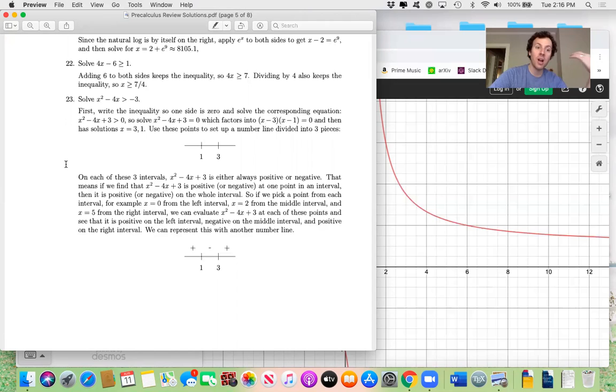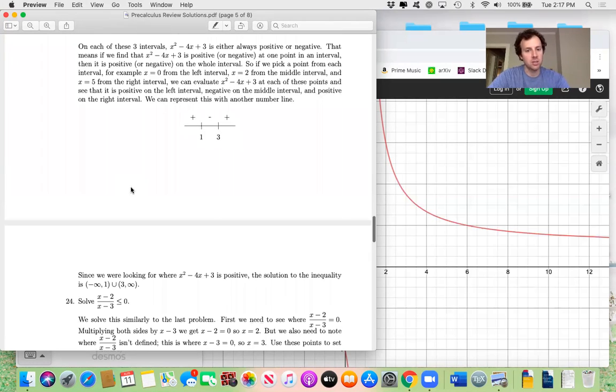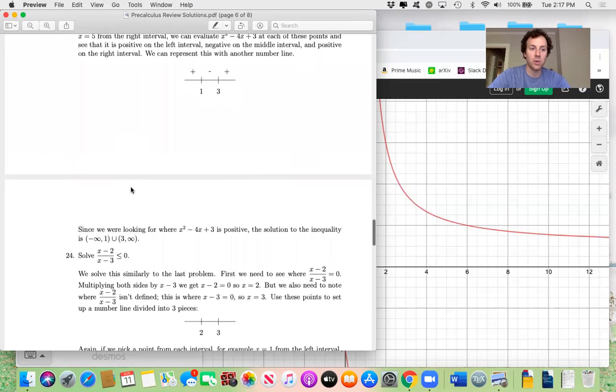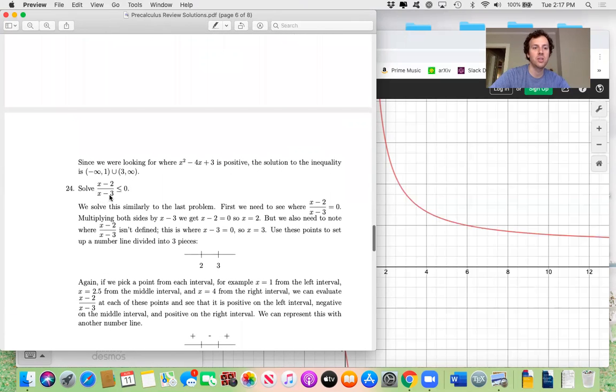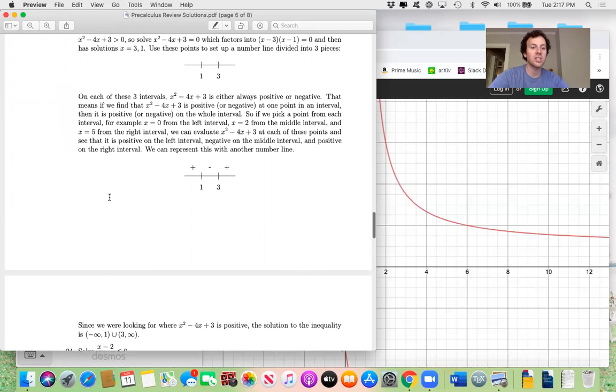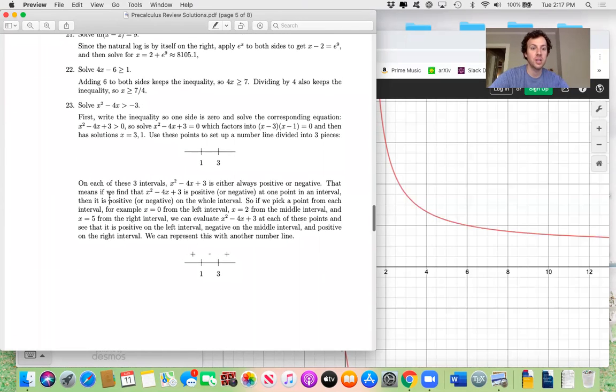Where things get more complicated is if you're dealing with inequalities that have higher powers of x. So here we have an x squared. And the next problem, which is in a lot of ways similar, you have divided by an x here. So here it's not just enough to try to get x by itself.